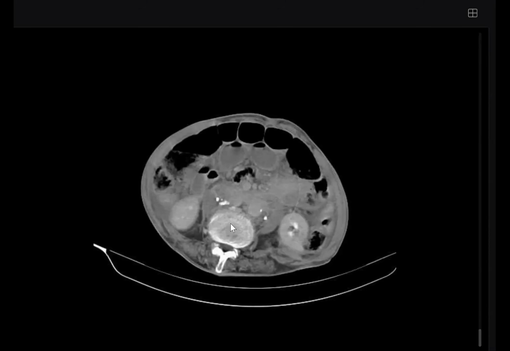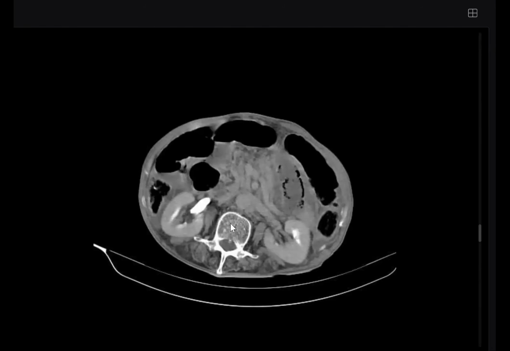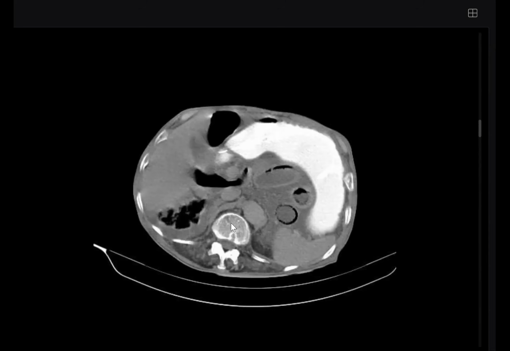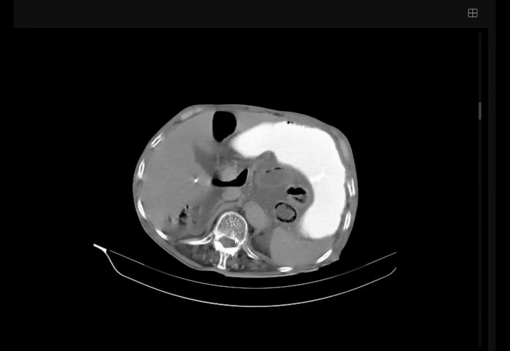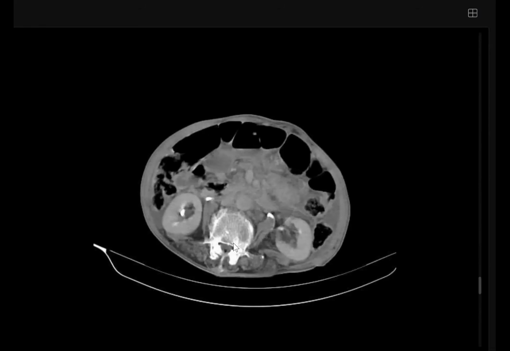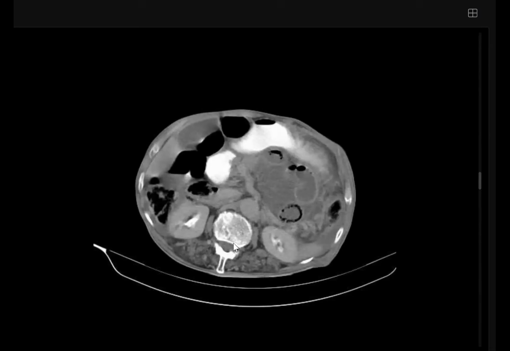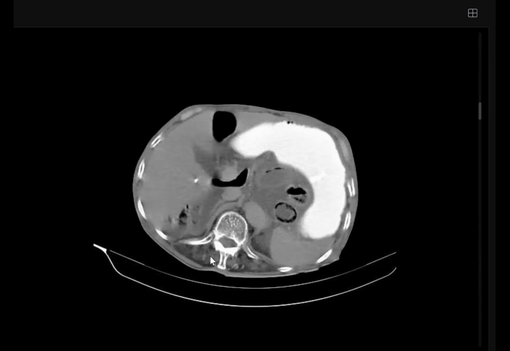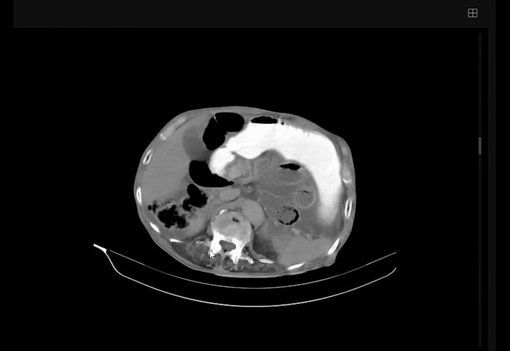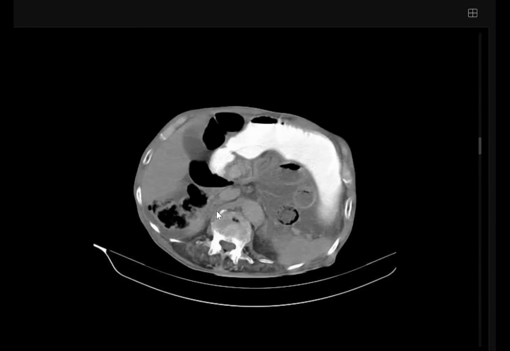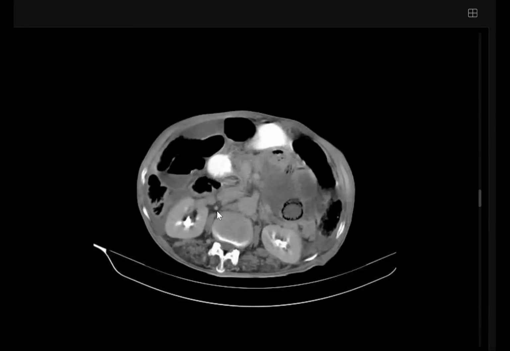Okay. And in the pylorus... It's the first difficult case. The previous case was easy, but this one is difficult. Okay, sir. I can see that there is some twisting of the mesentery in the mid-abdomen, and the small bowel loops are seen converging towards the left side of the abdomen, centrally with a small transition point or nipple-like structure.